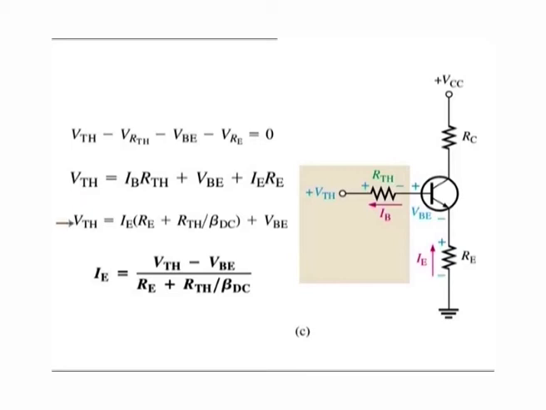Substituting Ie over beta DC for Ib, we get this equation as shown. Then solving for Ie, we get the equation as shown here.